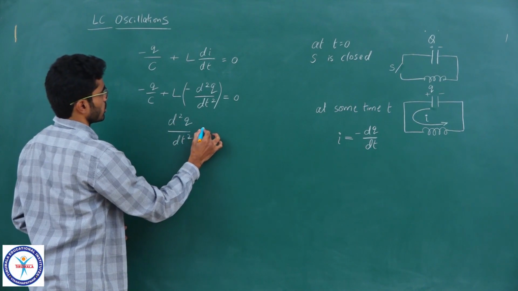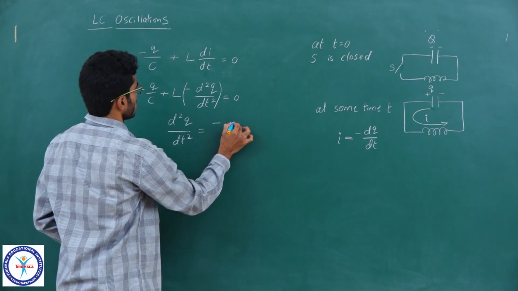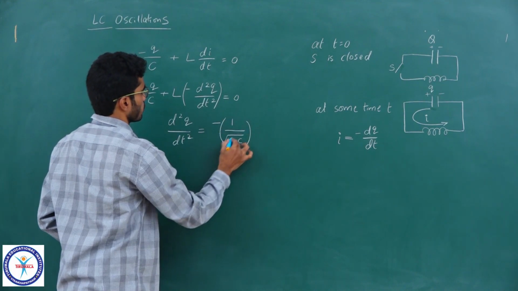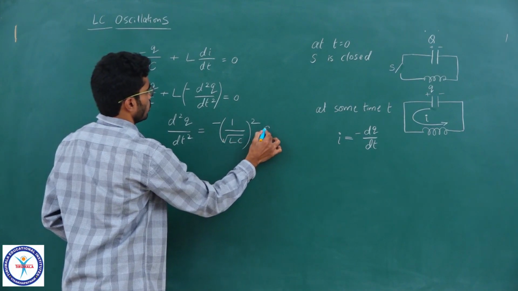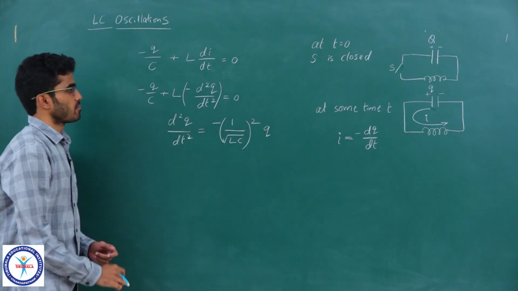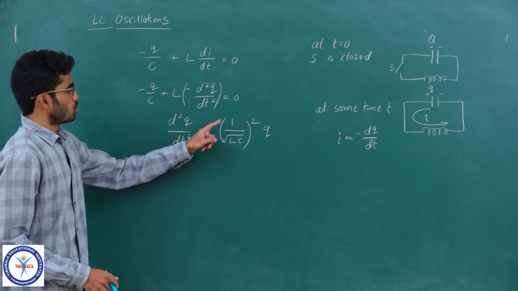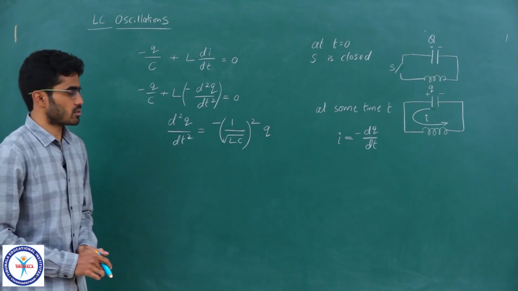We will get this is equal to minus, I can write it this way, into q. Check if this is correct or not. I have written it in this form only to compare it with the SHM equation.